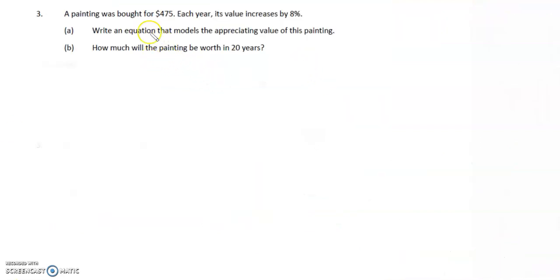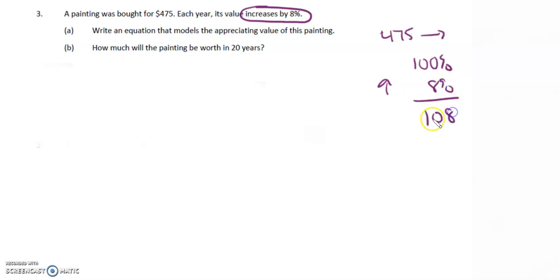Okay, a painting was bought for $475. Each year, its value increases by 8%. We talked about how our baseline, 475, if it stayed at that next year, we would have 100% of the original value. Now, if it increases by 8%, we're adding 8% onto that. So now from the original price, we have 108% of the original value, which is 1.08.